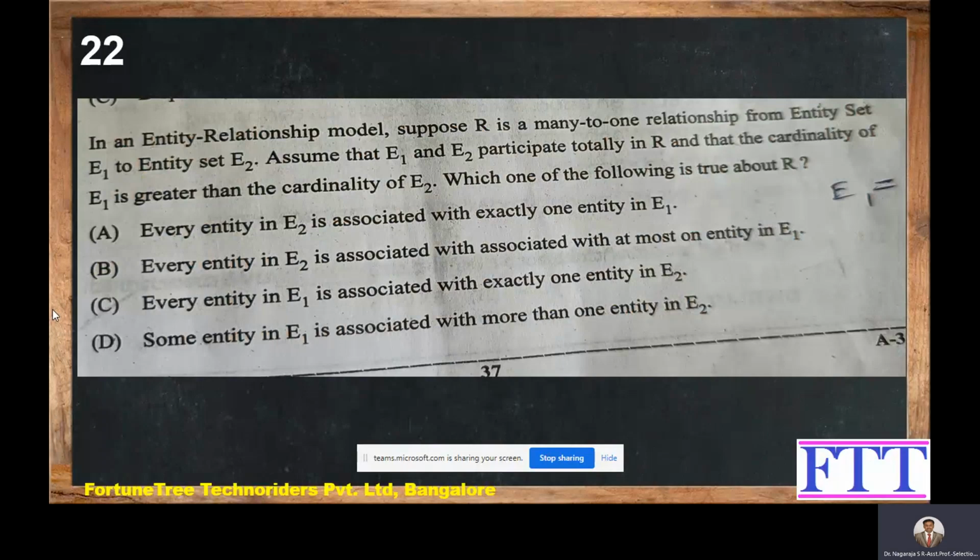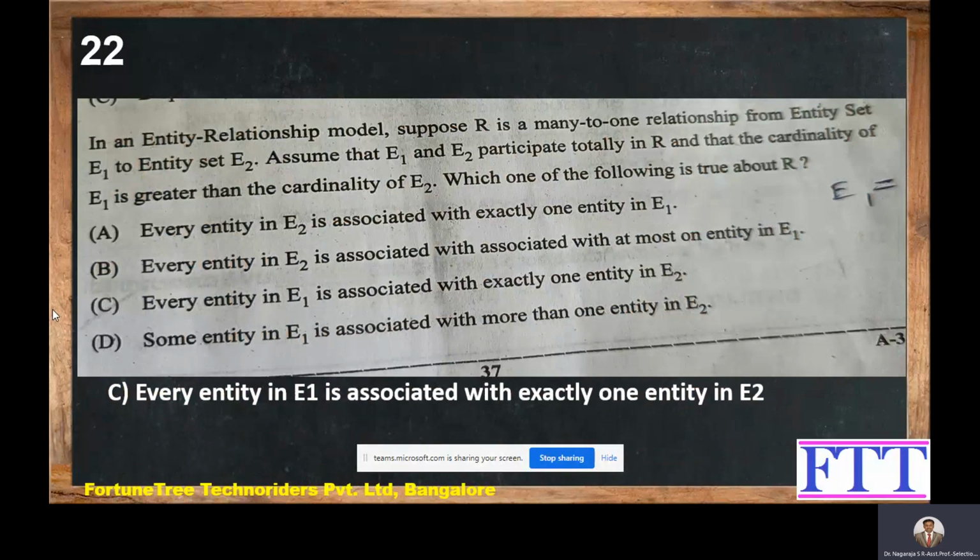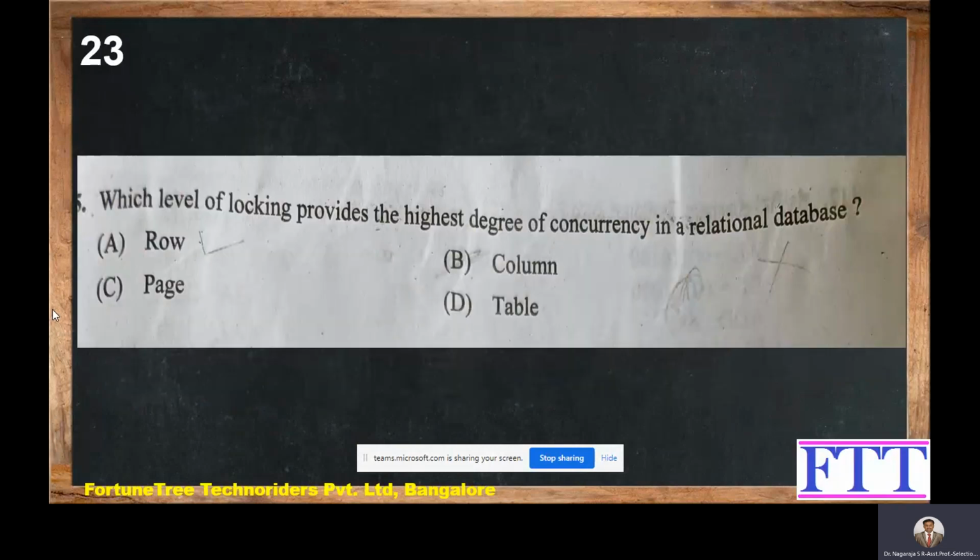Option D, some entity in E1 is associated with more than one entity in E2. For this, the right answer is option C. Every entity in E1 is associated with exactly one entity in E2. So option C is the right answer. So we move to 23rd.